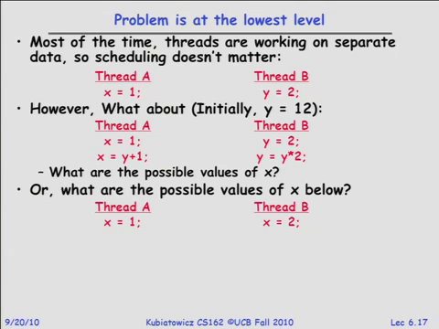And of course here, what are the possible values of x? Is this a trick question? What are possible values of x here? 1 and 2. Can anybody argue why it might be 3? One resets half of it, and then the other one sets the other. Very good. If we have a non-atomic load and store where some bits can be set by others, like on a serial processor, it's possibly the case that thread A starts writing bits and then B writes some bits and you interleave, and maybe you could get 3 out of it.